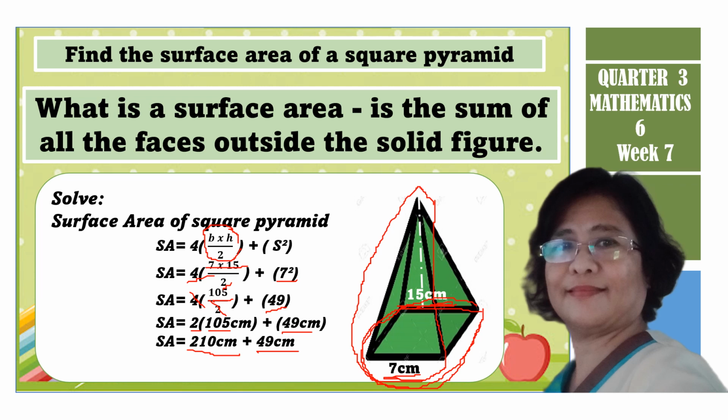The area for the 4 triangles is 210 and the area for the square is 49. We just add 210 plus 49, we have 259 cm squared, which is the surface area of the square pyramid.